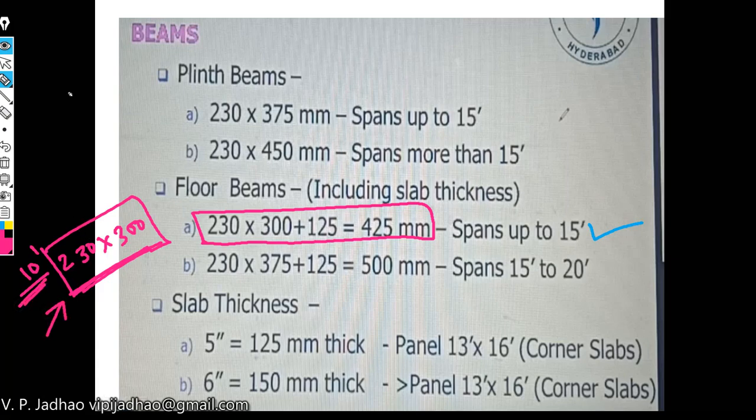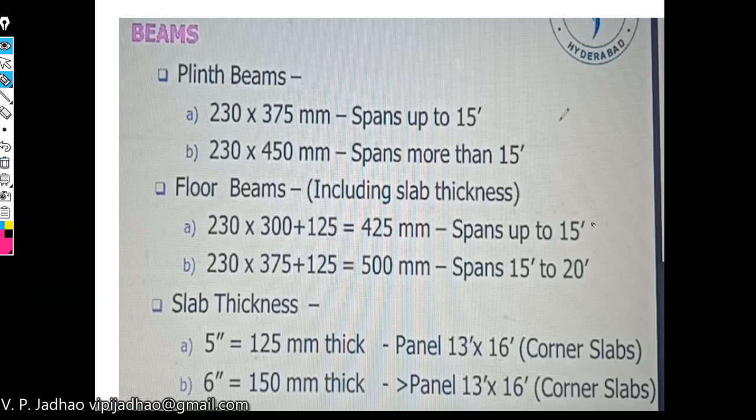So up to a span of 15 feet, you should use this particular dimension of your beam, that is 230 mm by 425 mm. If the span is up to 10 feet, then you can also use 230 by 300 mm.